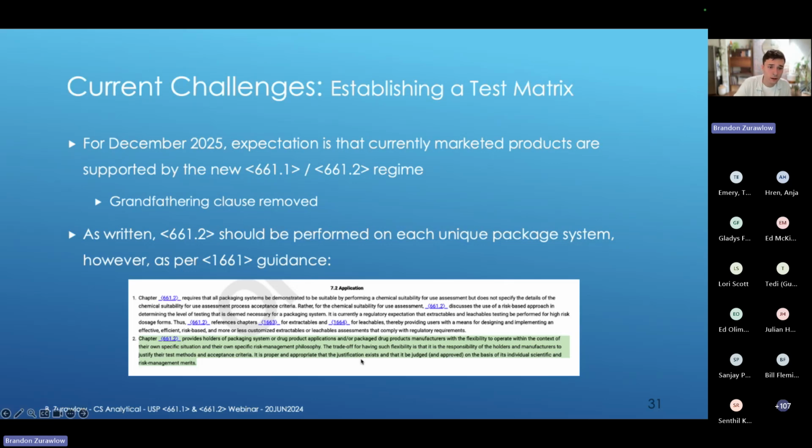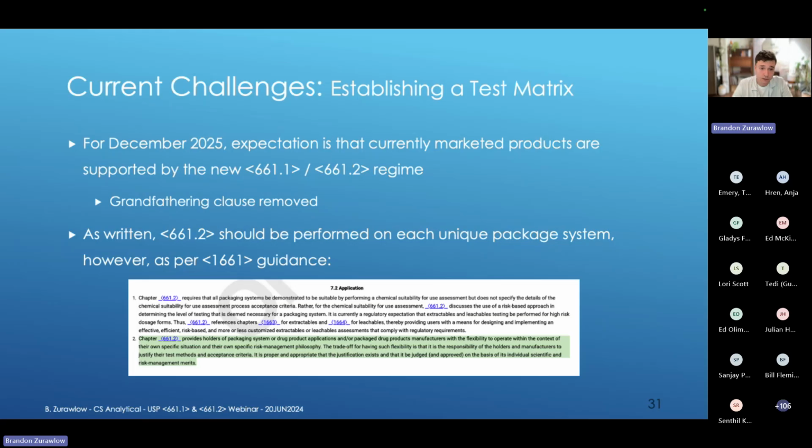It's small here, but the statement in 1661 says that 661.2 provides holders of packaging system or drug product applications with the flexibility to operate within the context of their own specific situation and their own specific risk management philosophy.